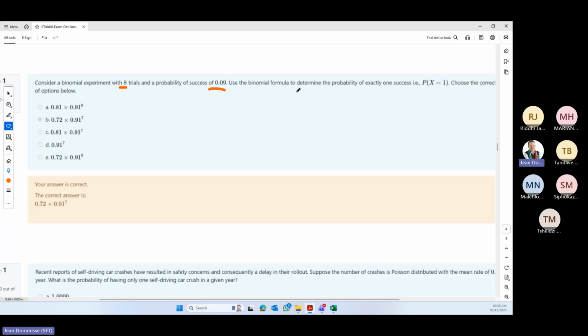Use the binomial formula to determine the probability of exactly 1. They're not going to ask you with a question like this to work out x bigger than 1, or where you need 3 or 4 for a formula. The formula will always just reference 1. Even Poisson, if they want to see if you can use the formula, will reference 1.